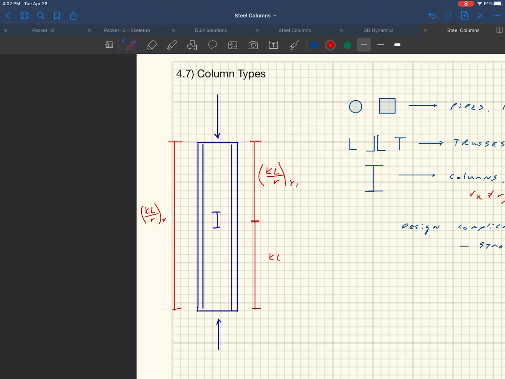You could have a different KL over R for this lower span versus here, right? If this thing was off center, if my support was there, then I'd have one KL here, and then I'd have another KL there. If I had a fixed condition at the top and a pin down at the bottom, I could end up with a different K for each one of these spans as well. Okay, and so there you go.